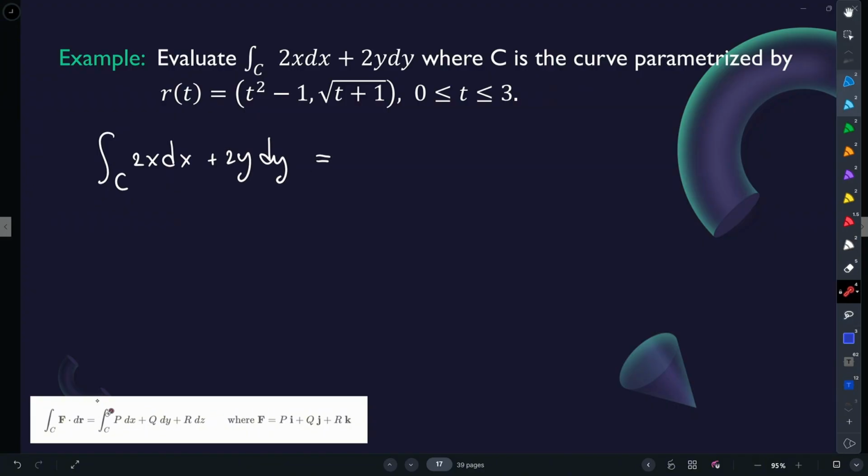We compared it to line integrals, and this just says that it's the same as the line integral of the vector field with these as components. So the vector field 2x, 2y dot dr.